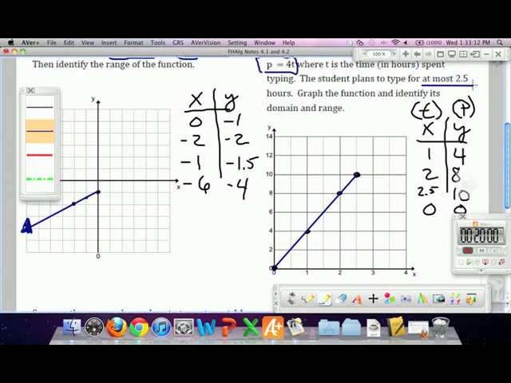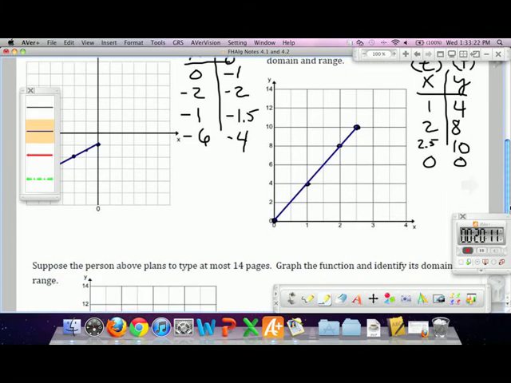What that implies is that we could find what's called the domain and the range, where we can figure out what x's you're allowed to plug in. Where did t have to be between in this situation? What was the smallest amount of time you could type? 0.